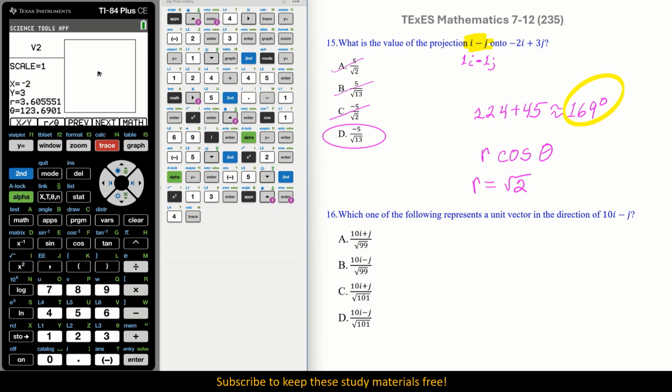We rounded to 124 point. Well, let's change that and put in 123.69. Let's try that.